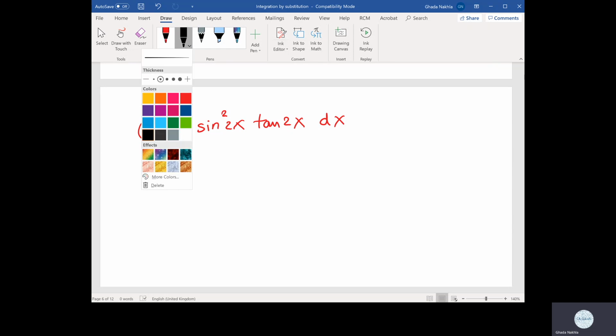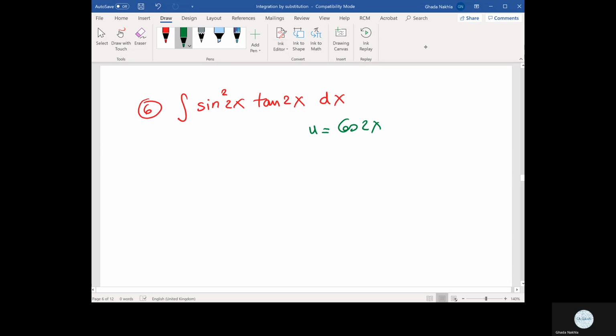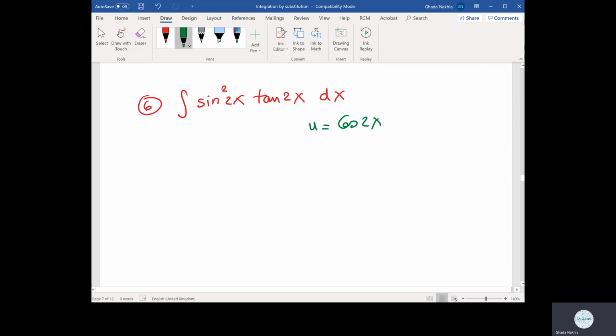And in this case, I am asked to let u be cos 2x. Okay, the idea of integration by substitution is to differentiate u and then put everything in terms of u.